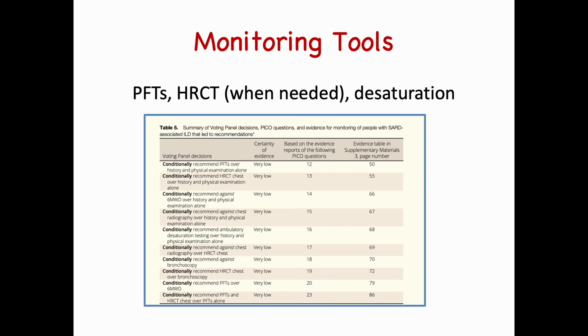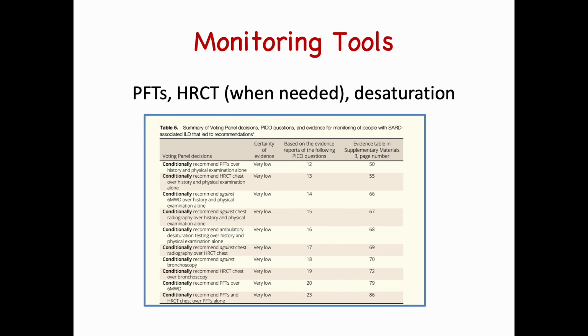Now here, when we talk about the monitoring tools, these three are most important. So here again, the conditional recommendation says that when you are using these tools for monitoring, then pulmonary function tests are better than just doing a history and exam. They conditionally say an HRCT for monitoring is better.